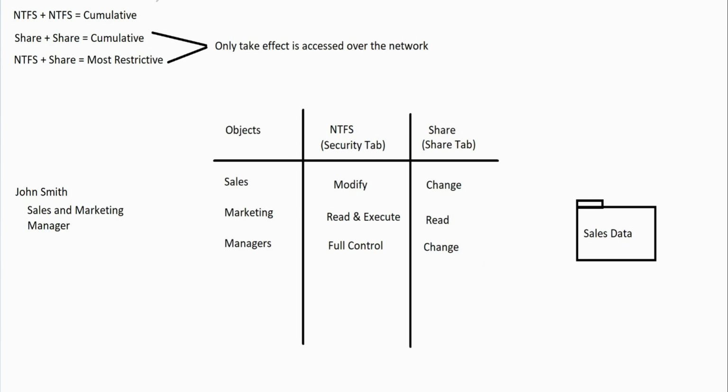Here's what you got to do. Work your way down this little chart. Start with NTFS first and add those together. So modify plus read and execute equals full control. Okay, that's true. You add all that together, you get full control because, well, full control has everything. Now work out the second rule. Share plus share.